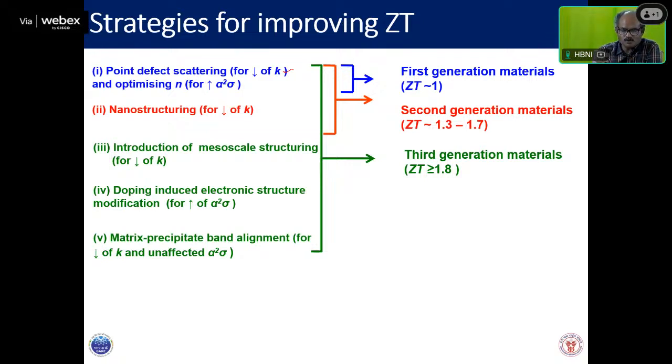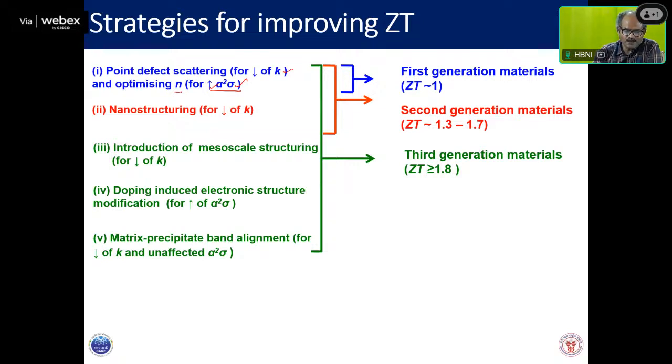Then you optimize the carrier concentration at the same time and try to increase the electrical conductivity and alpha. So alpha square sigma increases and the thermal conductivity decreases. Overall, if you sum up, you will find that your ZT value has increased.